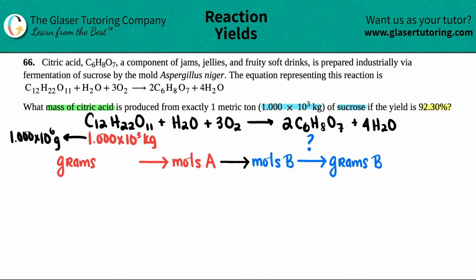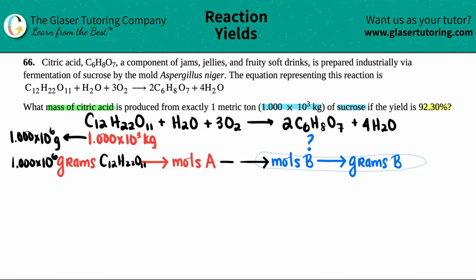I can get the grams of the sucrose, where I'm starting with that, C12H22O11, and I'm starting with 1.000 times 10 to the 6th grams of that. I can find out what the moles of that is, and I can go to moles of C12H22O11.